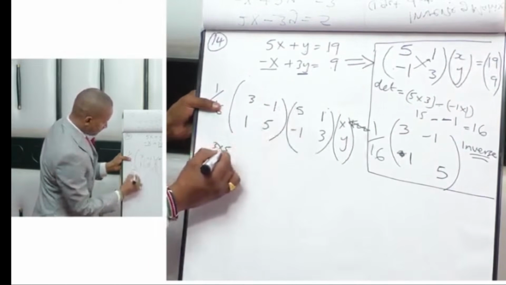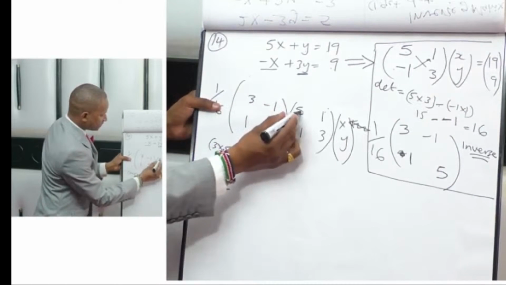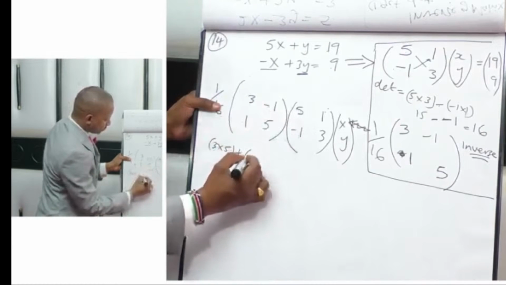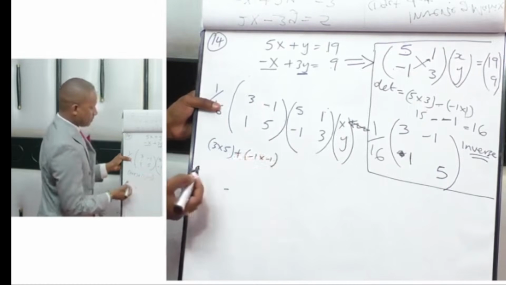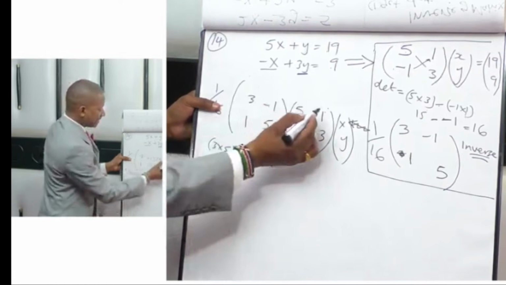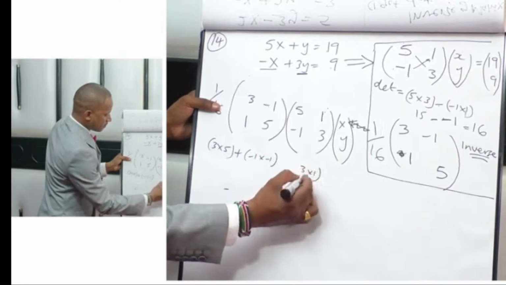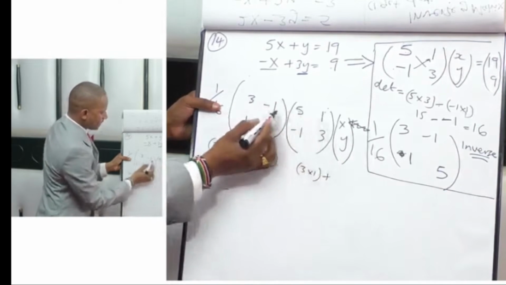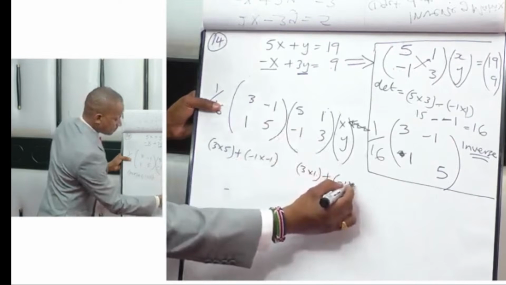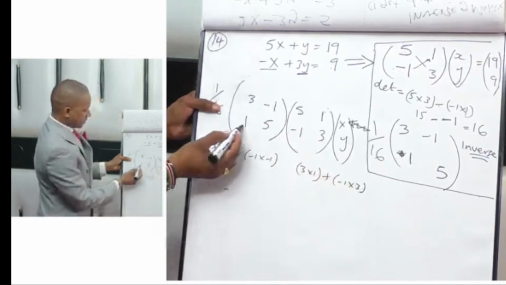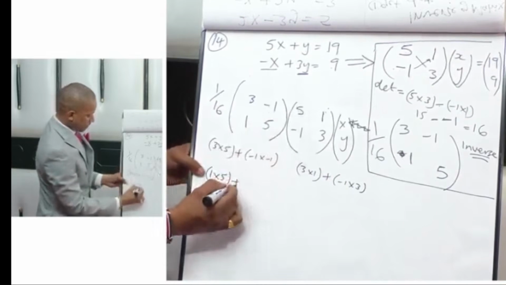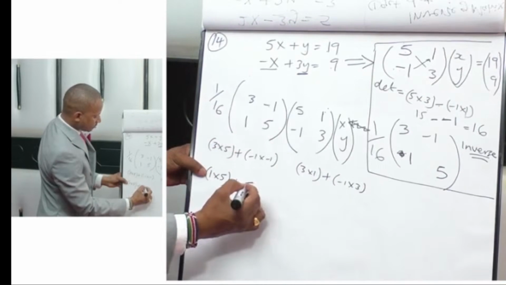3 times 5 plus minus 1 times minus 1. Then 3 times 1 plus, remember there's a space here, minus 1 times 3. Then come here, 1 times 5 plus 5 times minus 1.